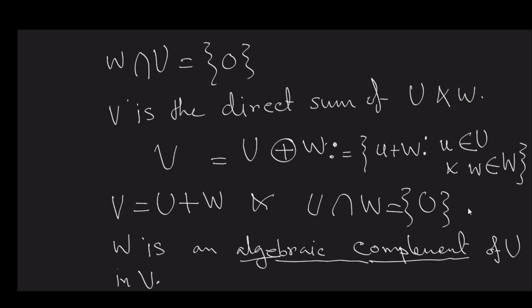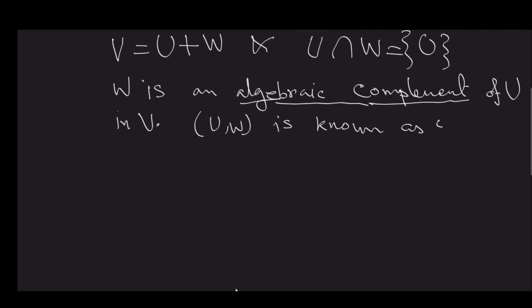In V, and together, this pair U, W is known as a complementary pair. Right? It is a complementary pair.